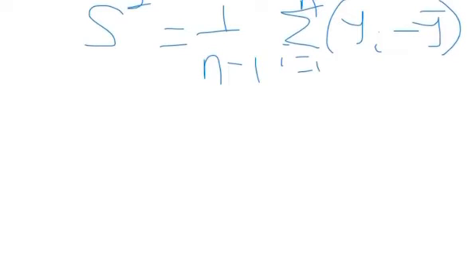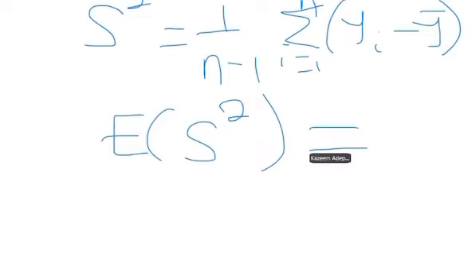Why is it that this is the one that we prefer? Because we've been able to prove that this is equal to that. And I want to show you the proof right now. I need you to focus on this.